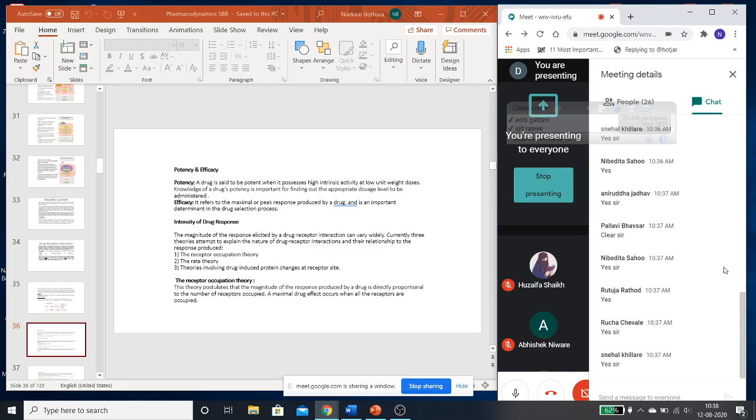So what does the first theory say? It postulates. The word postulate means it is not very sure, it is the belief of the scientists based on their observation, because they don't have anything by which they can prove it correctly.